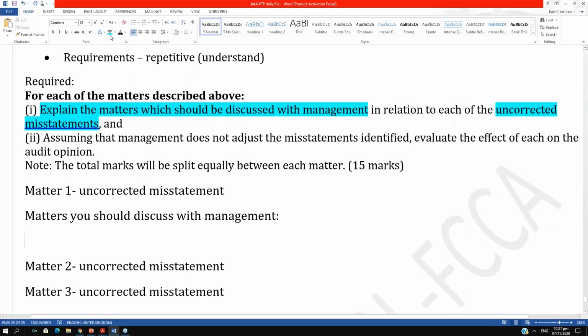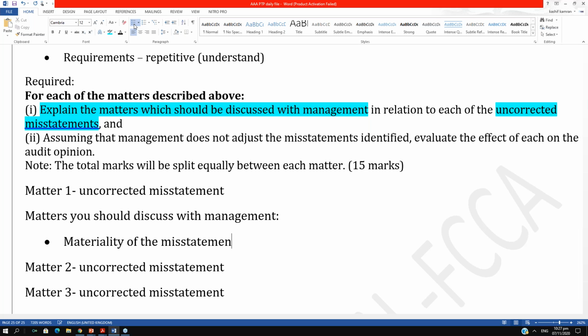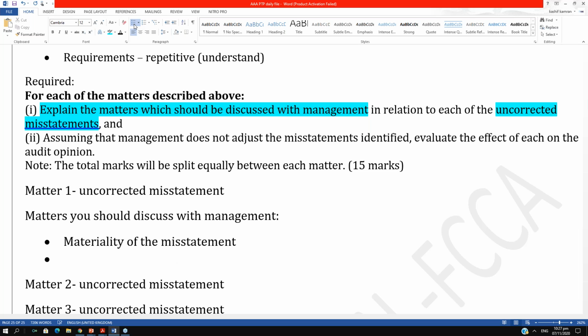The very first matter you discuss with management in relation to uncorrected misstatement is the materiality of the misstatement. Number two, you discuss with management the accounting treatment, if possible, in the case study.